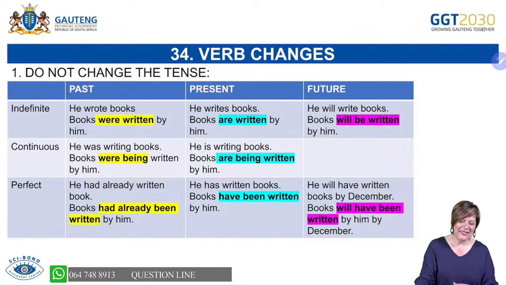And in the past we'll say he had already written books. Books had already been written. Can you see how straightforward it is? So if you know this column, it is really going to help you. Make sure you don't change the tense. You stick to the same tense. We're just adding a few things.